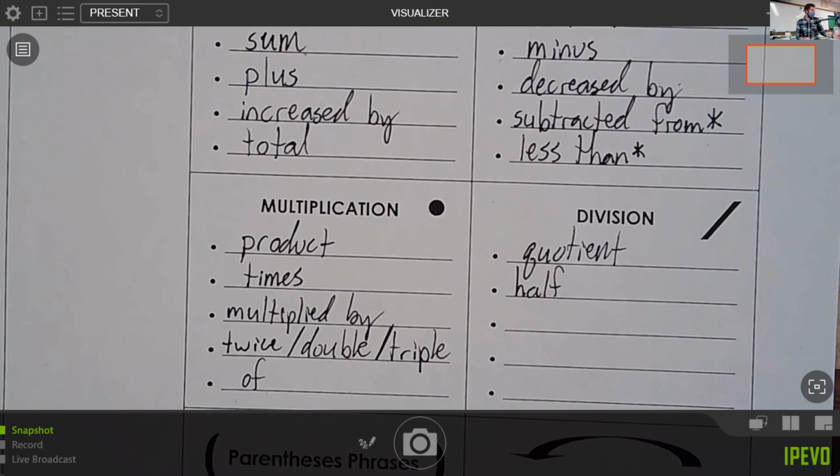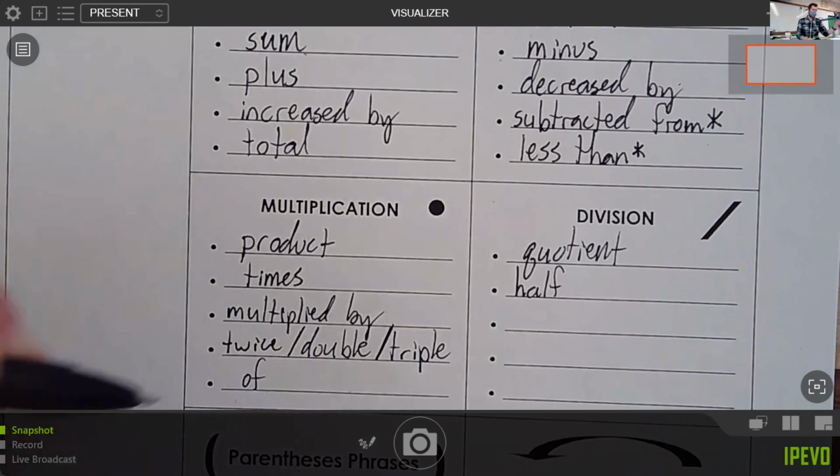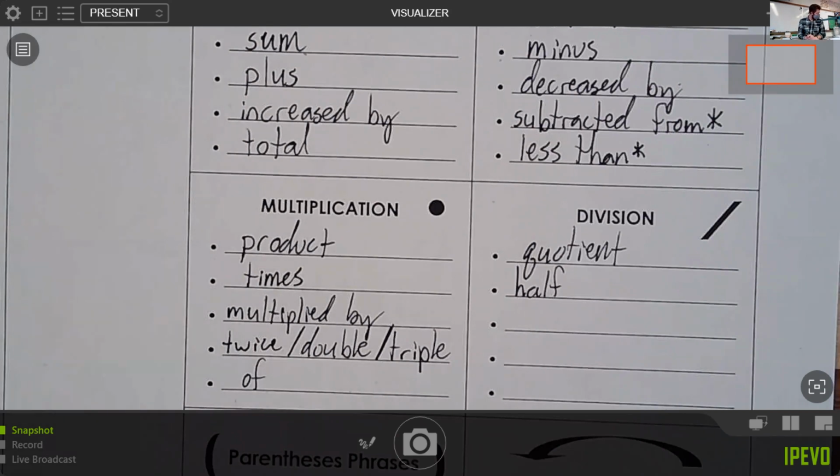And Gabrielle, I do see squared on number 7 there. Unfortunately, we're not going to have a place on here to do that. Even though it is multiplication, it's kind of its own thing. Maybe if we did another category for exponents, we would say squared or cubed or to the power of. What else do we see for division? We've got quotients and we have half.